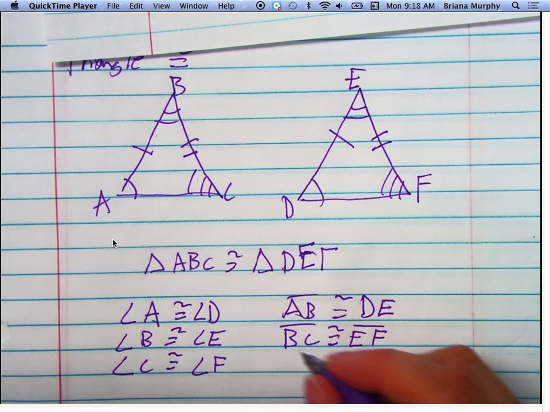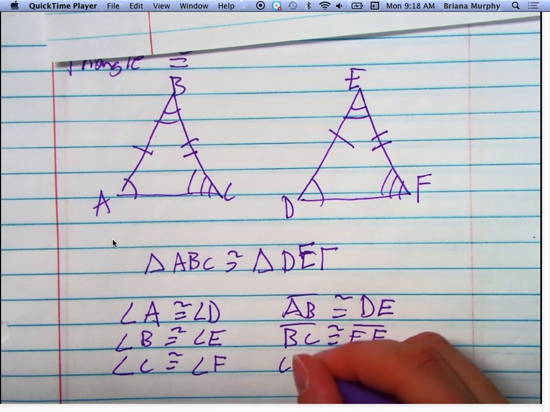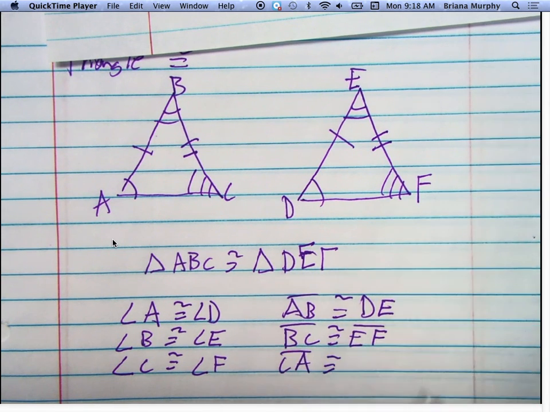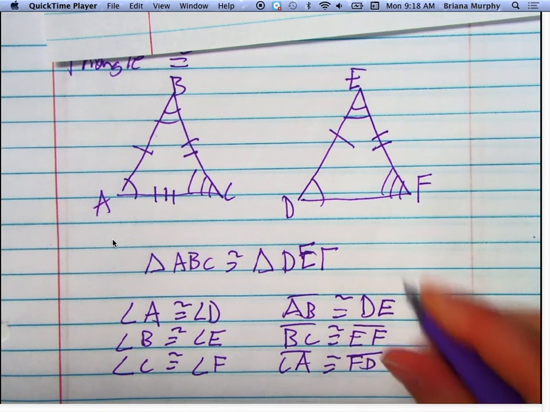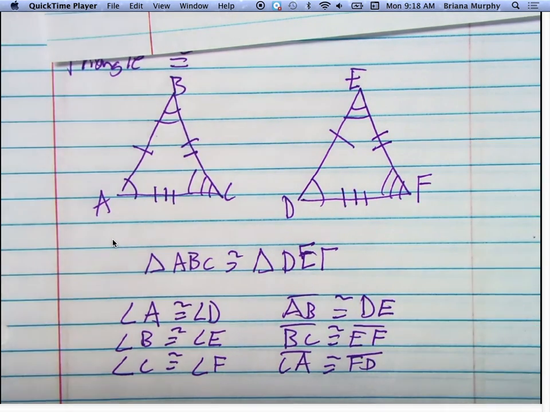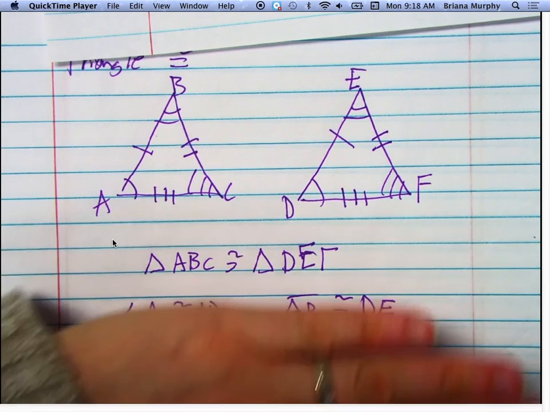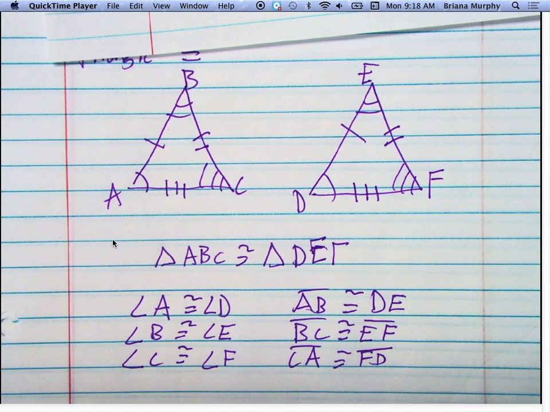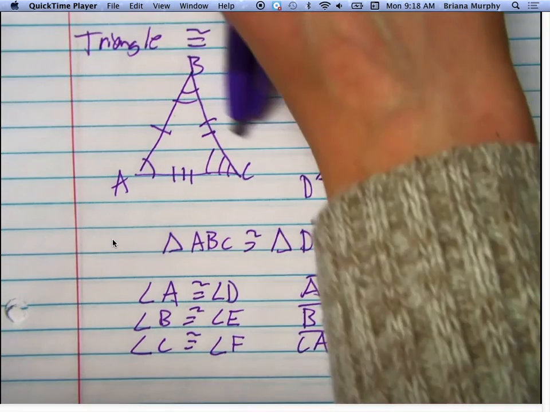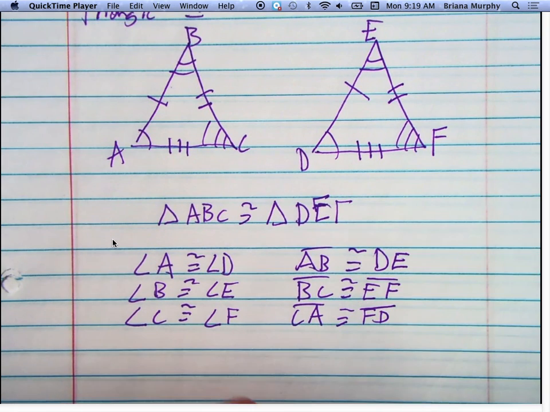And finally, CA is congruent to FD. So there'll be a problem like this where they'll give you a picture. They won't give you any of this stuff. And they'll say, tell me they're congruent.